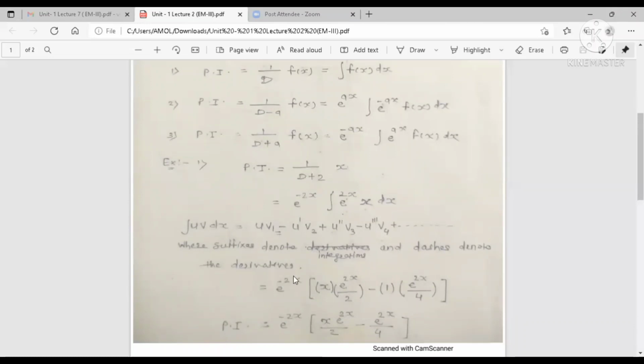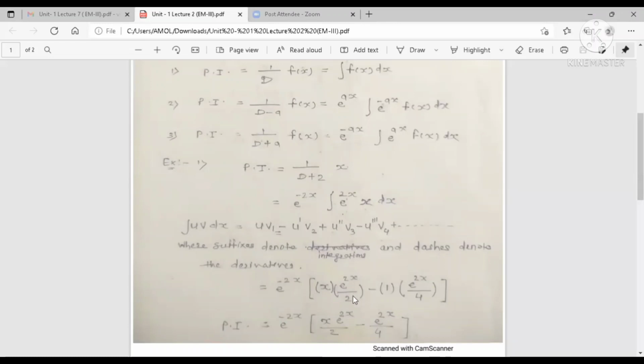u into v1, with e to the power minus 2x as it is. u is here x, so write x as it is. v1 is the integration of e to the power 2x, which is e to the power 2x upon 2. Minus the second term, u dash v2. Now, u dash means the derivative of u. u is here x, the derivative of x is 1, so you write 1 here. Then v2 means the integration of v1. v1 is here e to the power 2x by 2.